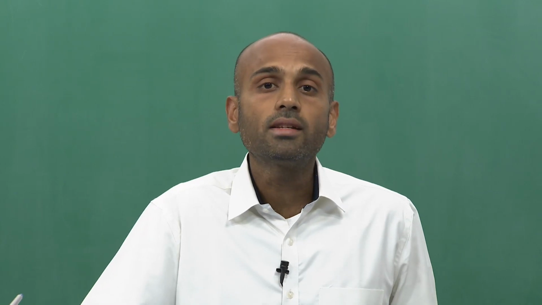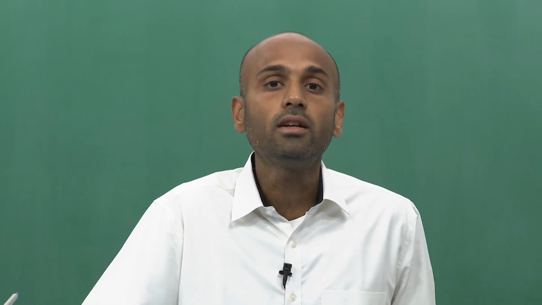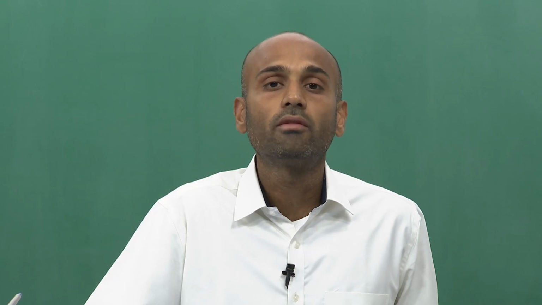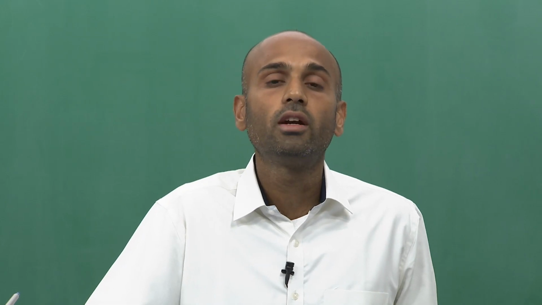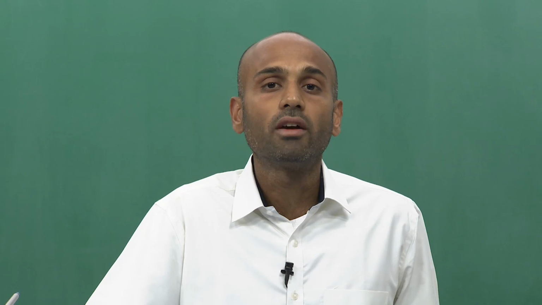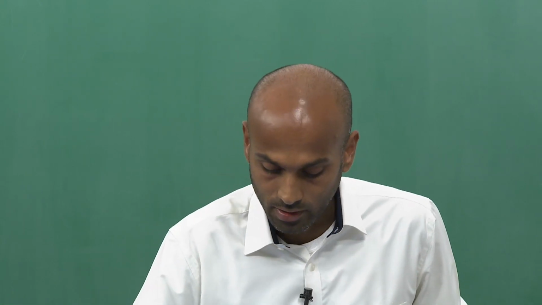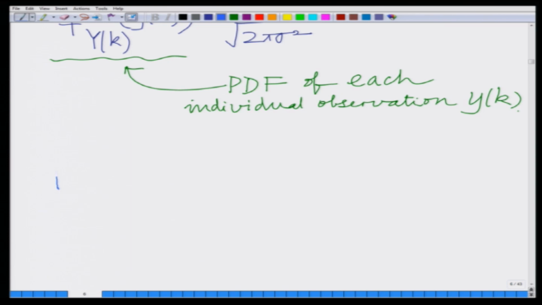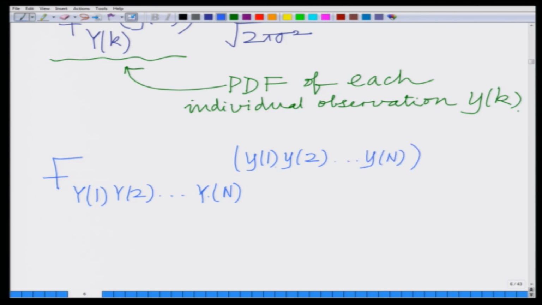Now, what we are interested in is to come up with the joint density of the observations y1, y2 up to yn. We want to come up with the joint PDF, or the joint probability density function, of the observations y1, y2 up to yn, which is represented by f subscript y1, y2, yn of y1, y2 up to yn.